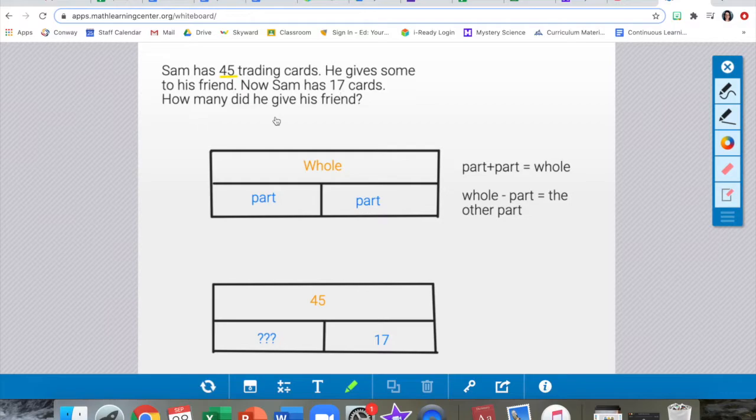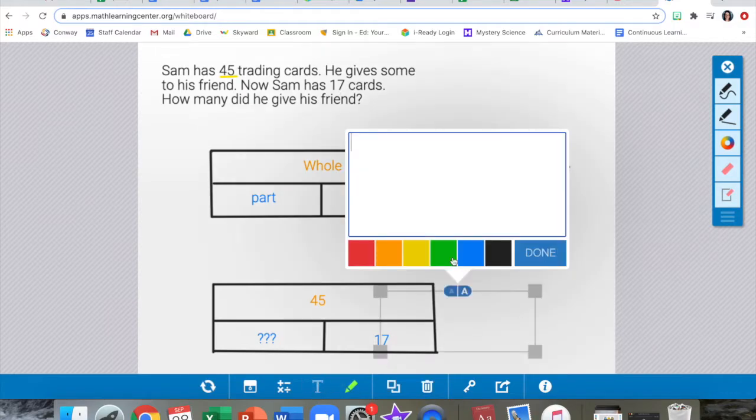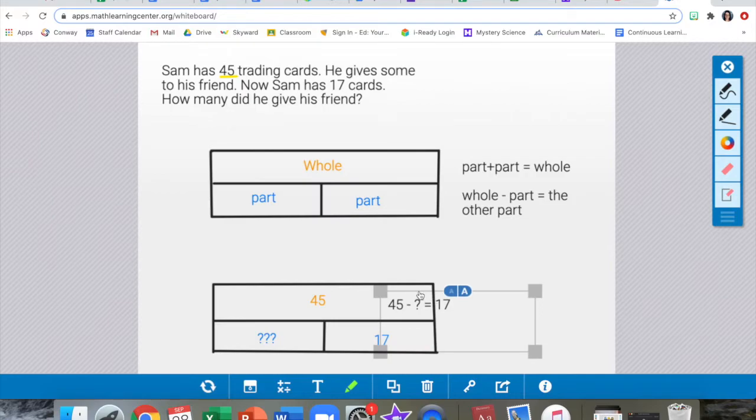So let's think about beginning, middle, and end when we write our equation to match. In the beginning, Sam had 45 cards, the whole. Then he gave some to his friends, so he subtracted from 45, but we don't know how much he subtracted. At the end, he had just 17 left, one of his parts.